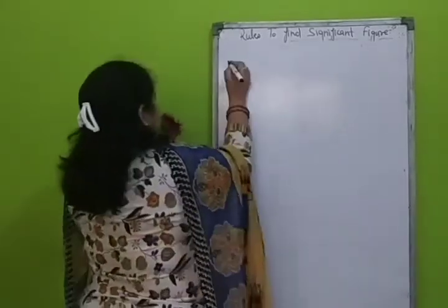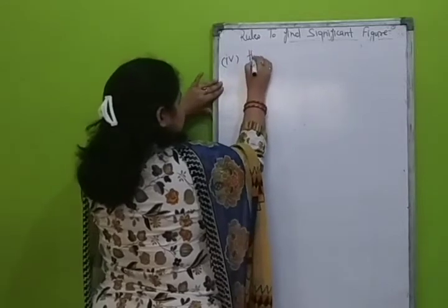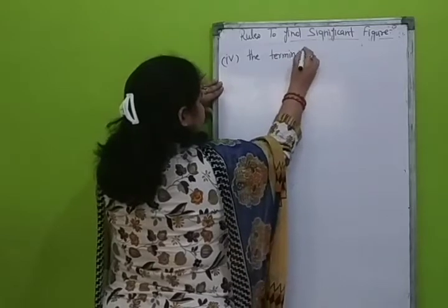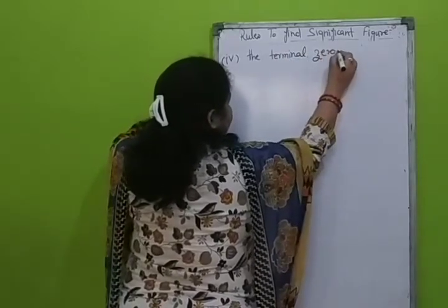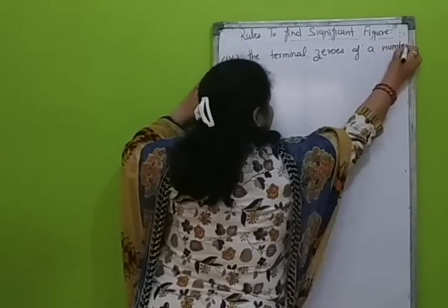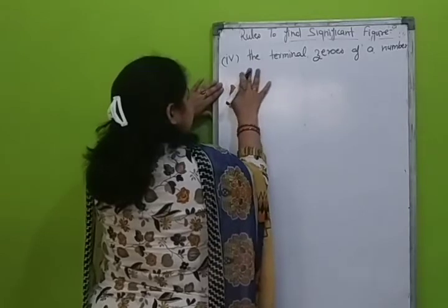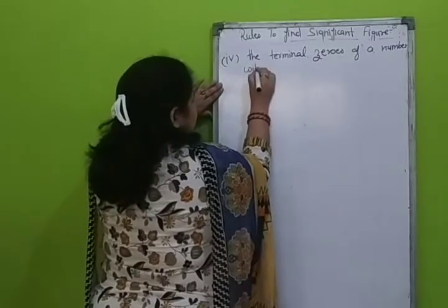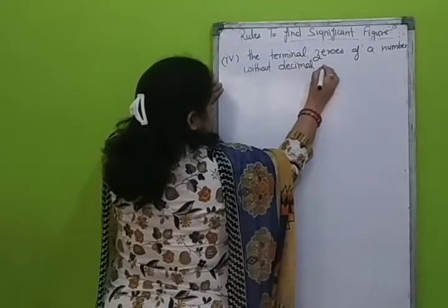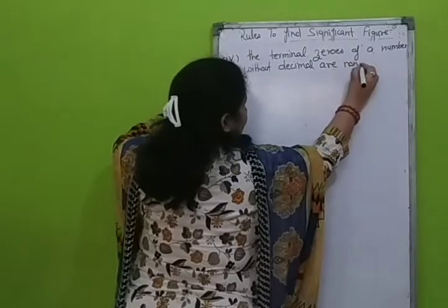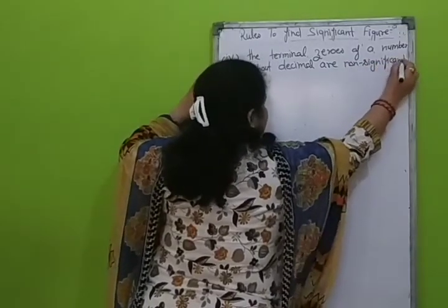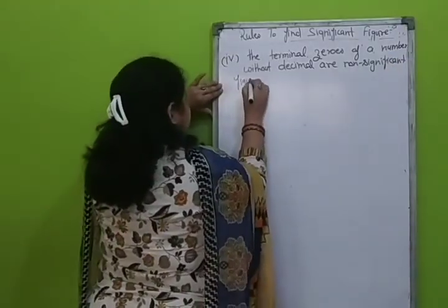The terminal zeros of a number without a decimal are non-significant figures.